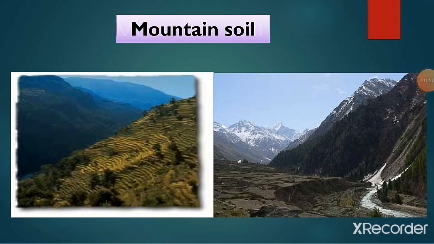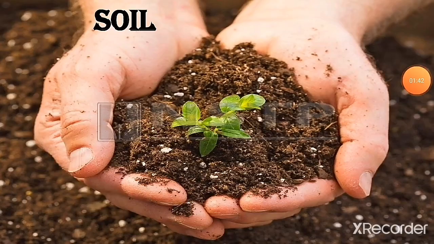Next, mountain soil. It differs from region to region depending on climate. It is formed due to mechanical weathering caused by snow, rain, temperature variation, and it is deficient in potash, phosphorus and lime. It is very rich in humus. Slow decomposition makes it acidic.